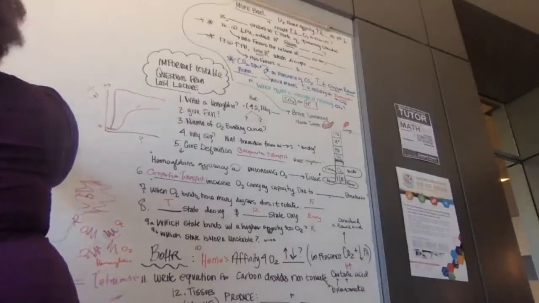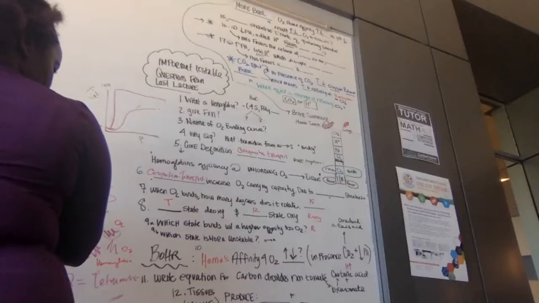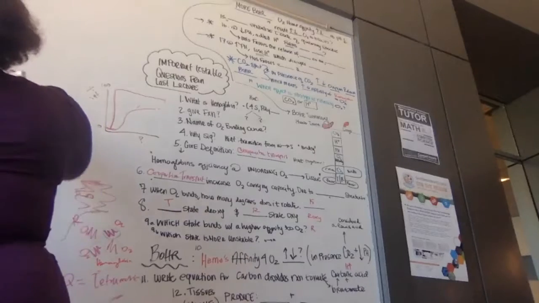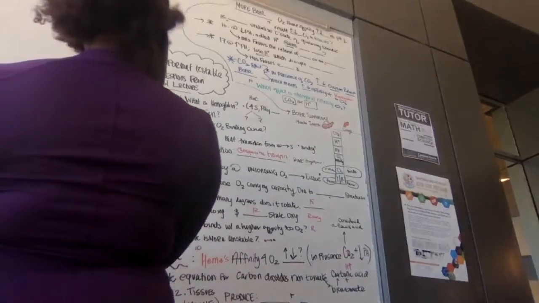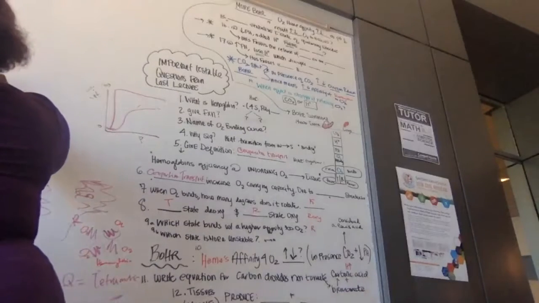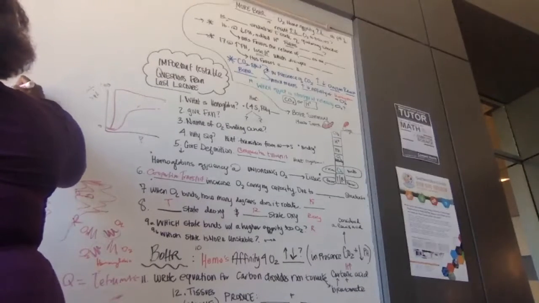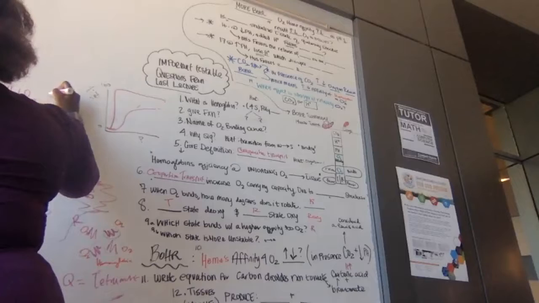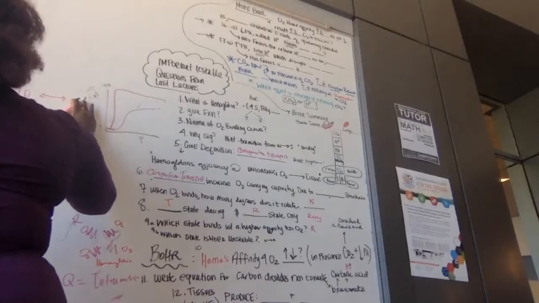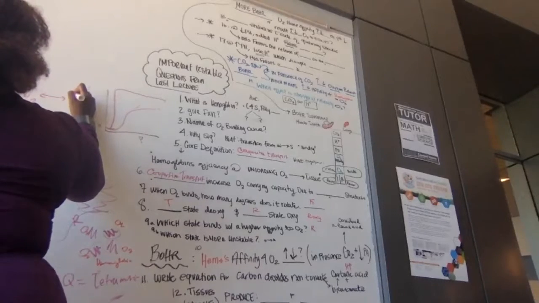So CO2 combines with, I think, water. Right? CO2 plus H2O yields H2CO3, which yields H plus and HCO3 negative.